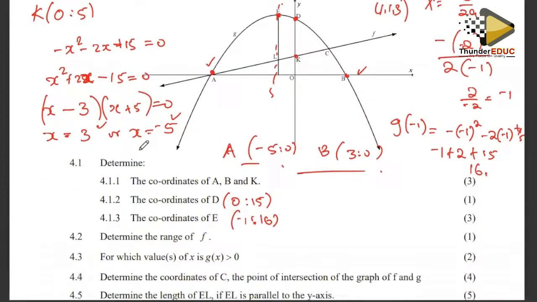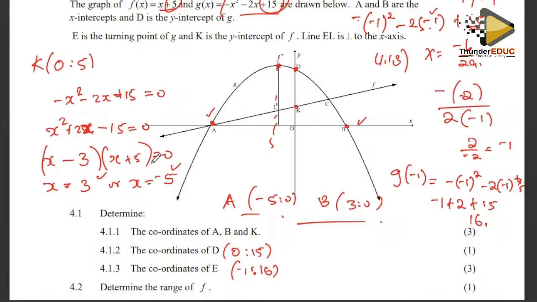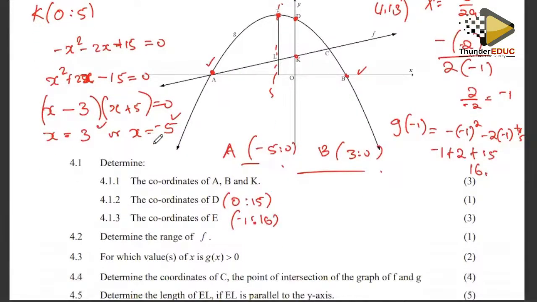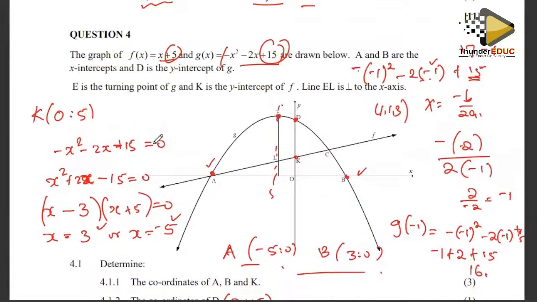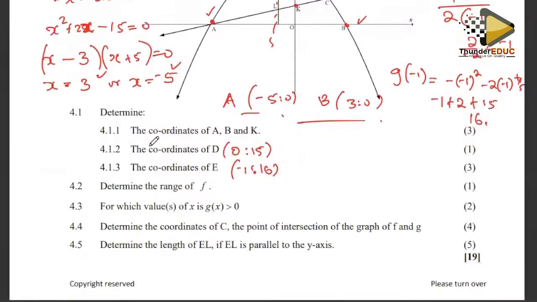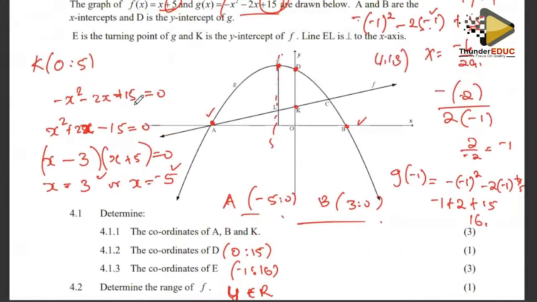Then they want us to get the range of f. Remember, f is a straight line. They never gave us any restrictions with the input or domain, meaning that y is an element of real numbers. That is enough, because f is a straight line, which makes sense.